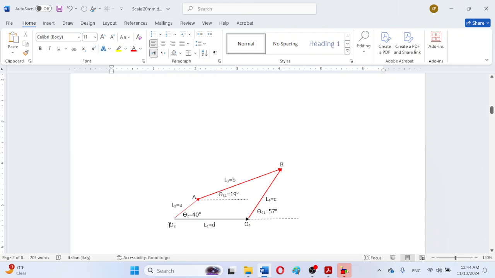So here, as we can observe, O2, O4, A and B, these four revolute joints are all permanent, fixed or constant instant centers because they do not change. They are practically, physically available on the mechanism.